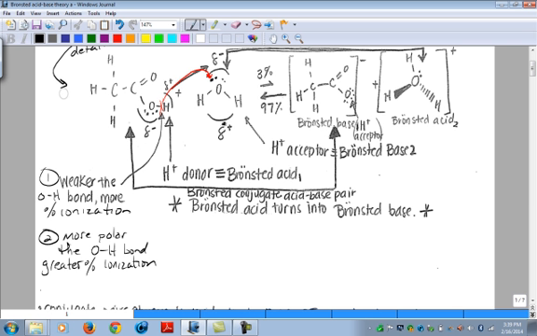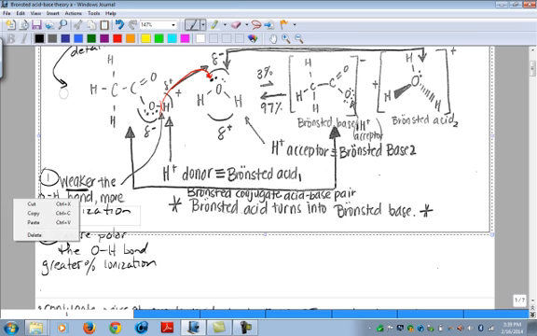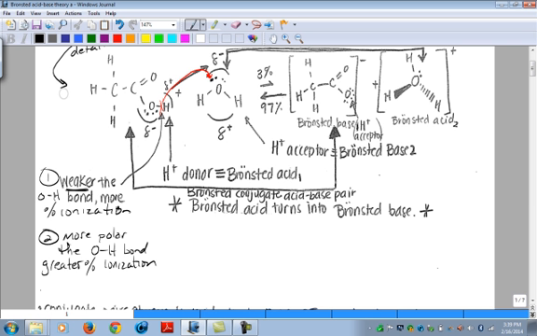To what degree that will occur depends on two factors. One is the strength of the OH bond containing the acidic H. The weaker that OH bond is, in other words, the less energy required to break that bond as a result of a collision, the greater the percent ionization of that acid will be, and the stronger that acid will be.